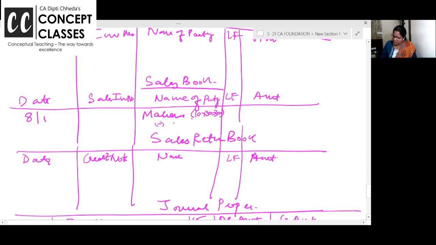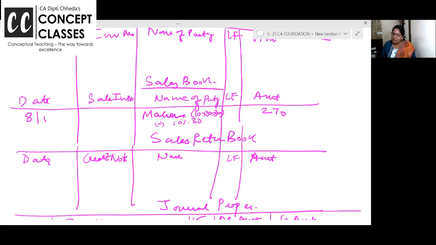Minus discount 10%, 30, outer column. 270. Sales book I am recording because I have sold the goods on credit to Mahinder. Mahinder's ledger will be debited, but we are not making the ledgers now.